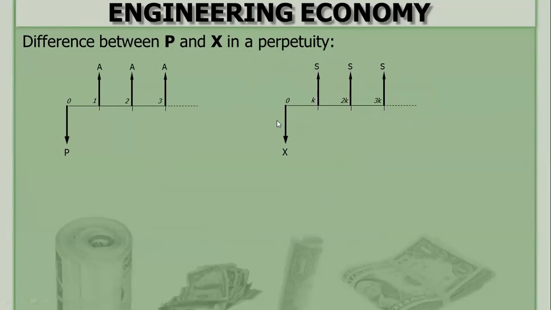Perpetual replacement. For P, it's A over I. But for X, it's S over (1 plus I) raised to K minus 1.